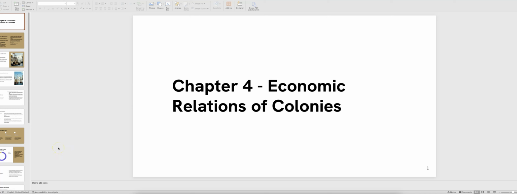So in chapter 4, what we want to delve into a little bit more is the relationship of the colonies to England.